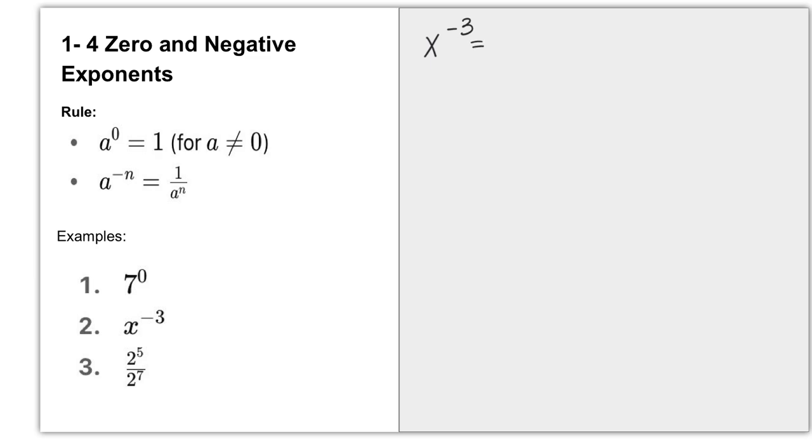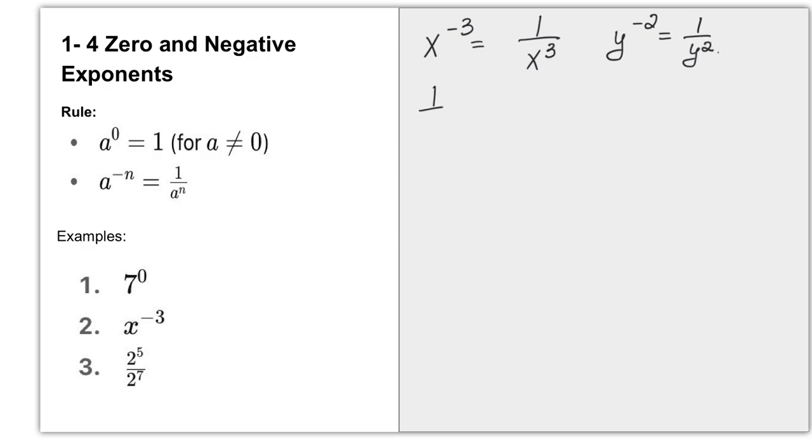We already discussed that it's 1 over x to the 3rd power, not -3rd power. Okay, and then I'm going to do one more with y raised to the -2 power. It will be 1 over y to the 2, not -2.